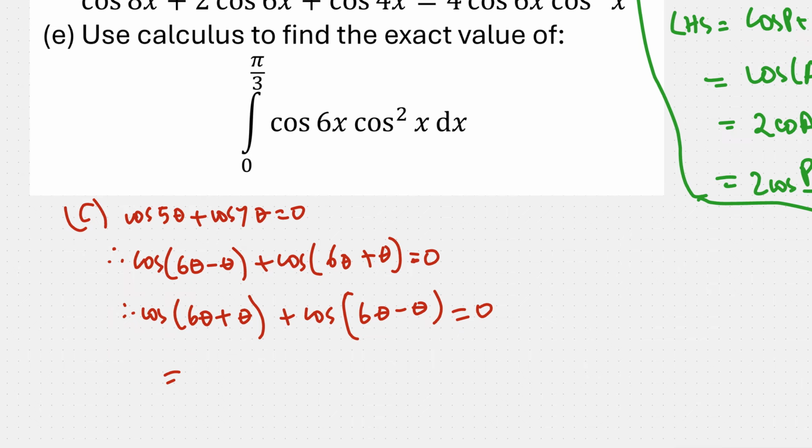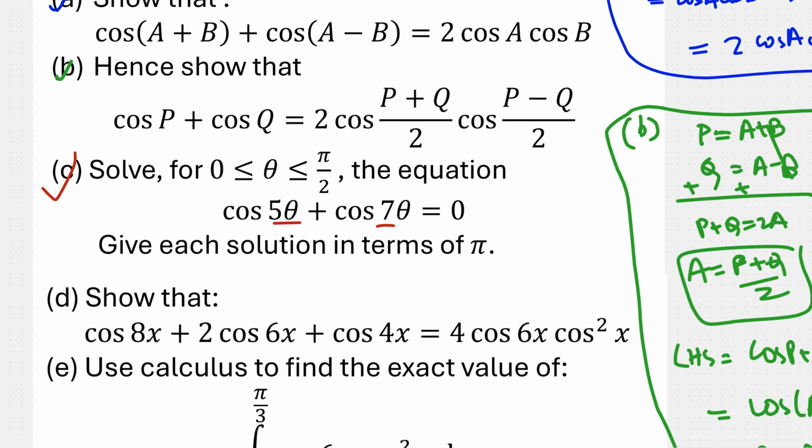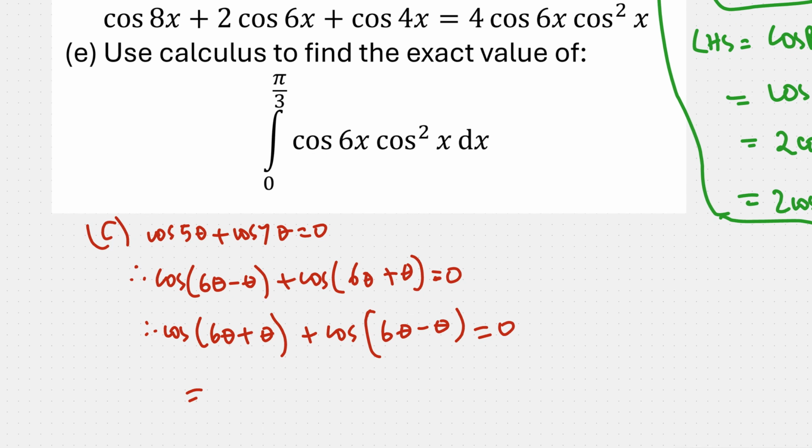So that is equal to 2 cos A cos B, so 2 cos 6θ cos θ. Therefore cos 6θ cos θ is equal to 0.